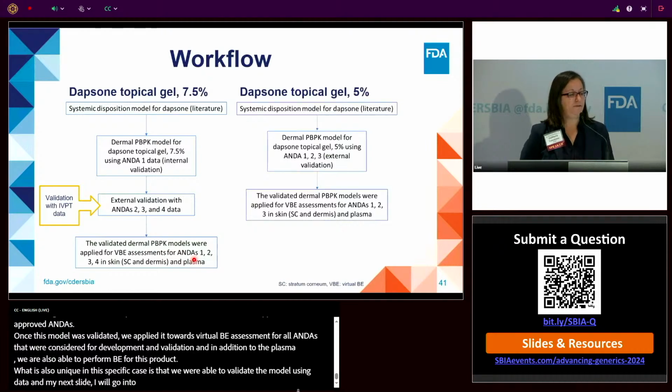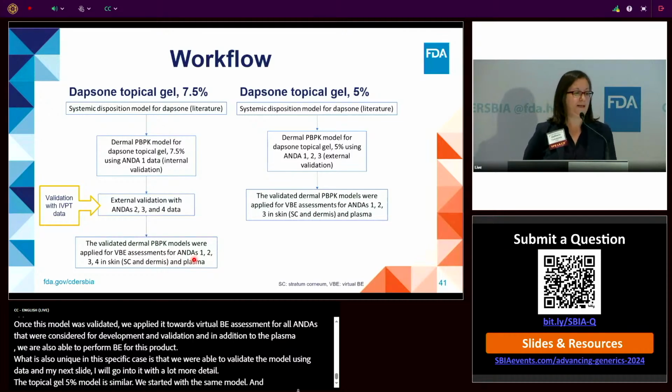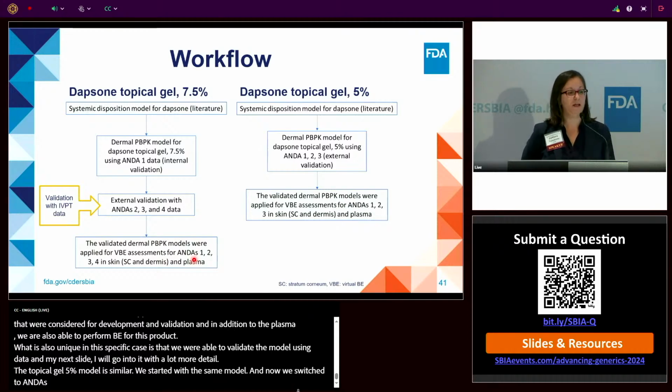The workflow for the development and validation of the Dapsone topical gel 5% model is very similar. We started with the same systemic disposition model. And now we switched to approved ANDAs for the Dapsone topical gel 5%. We saw that the model for the 7.5% topical gel performed really well.